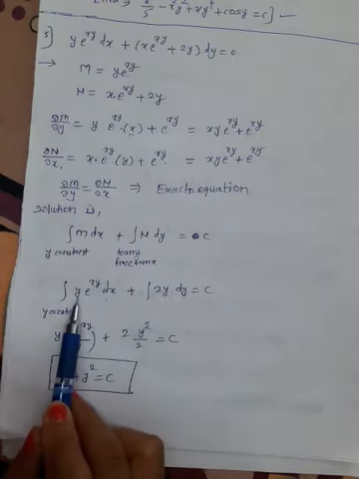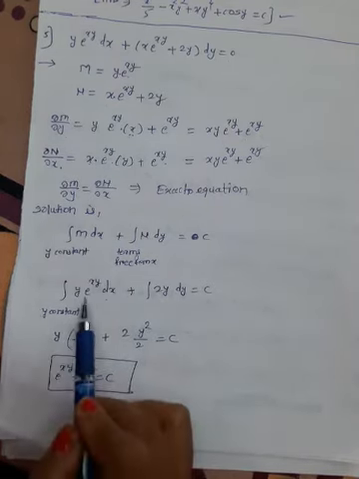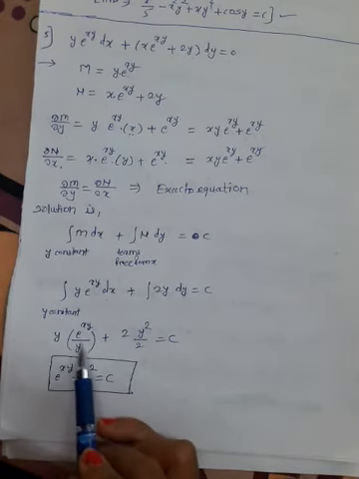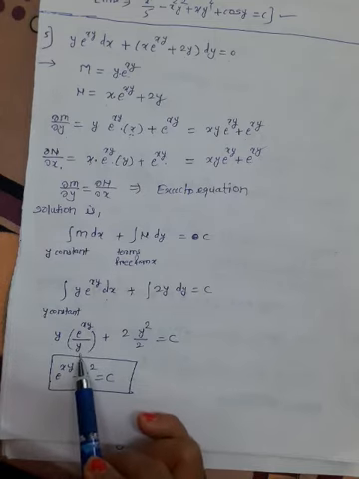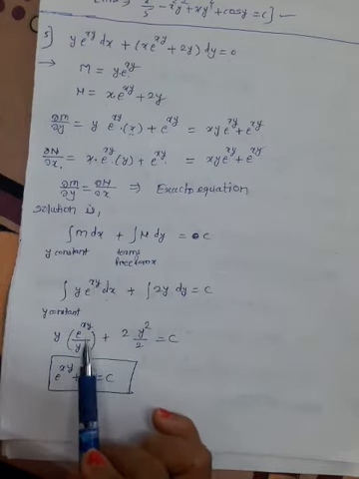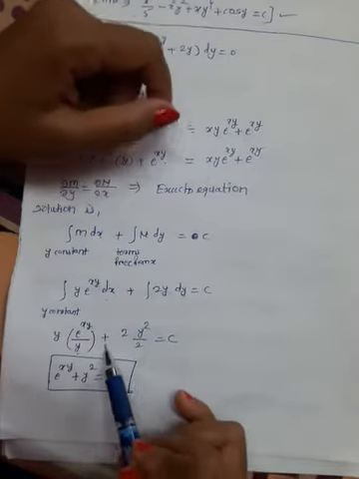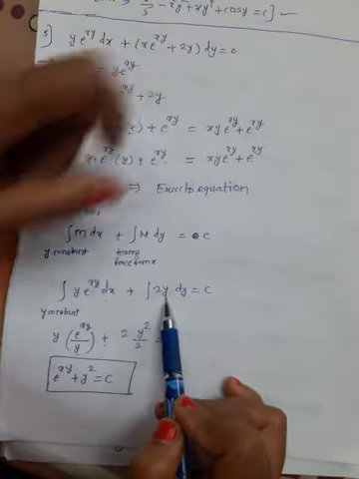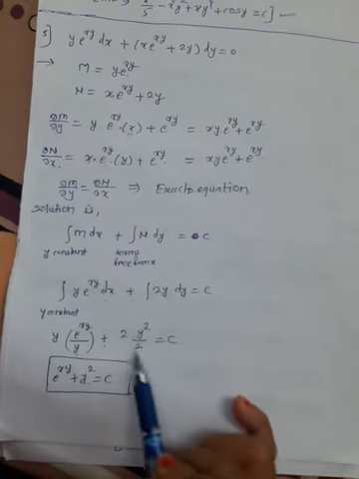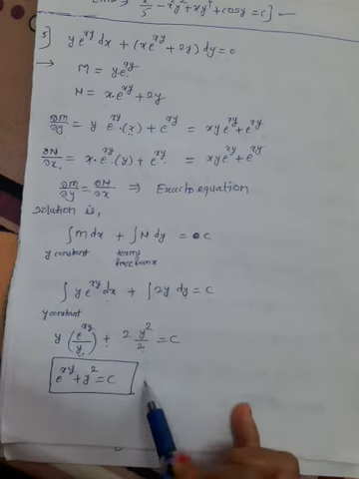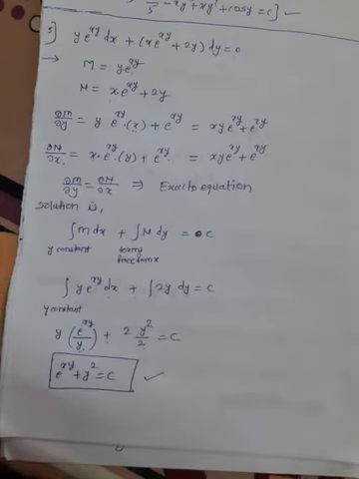Now y is a constant, so take it outside the integration. The integration of e^(xy) is the exponential divided by the derivative of xy with respect to x, which is y. Plus the integration of 2y, which is y squared. The 2 and 2 cancel, the y cancels, and the answer is e^(xy) plus y^2 equal to c. This is our solution.